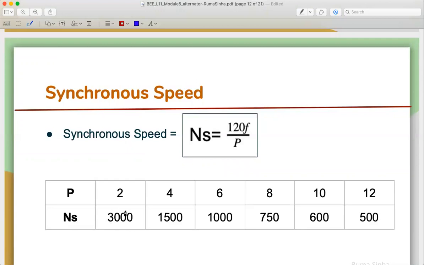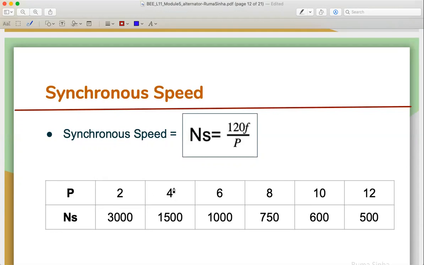So for a 50 Hertz system, we cannot have a synchronous machine which runs at more than 3000 RPM, because we can never have fewer than 2 poles. To obtain higher synchronous speed, the number of poles should be reduced.